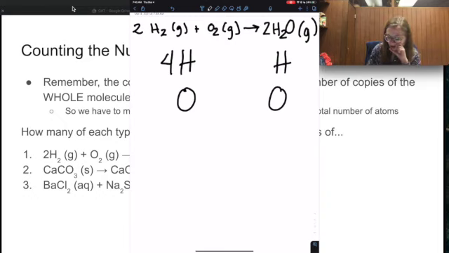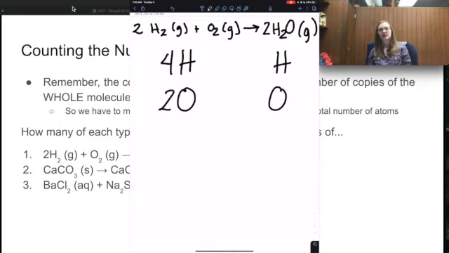So my oxygen has a coefficient of 1, I have O2 here, so I have one O2 molecule, so I get two oxygen atoms from my one molecule. So in my reactants, I have four hydrogen atoms and two oxygen atoms.